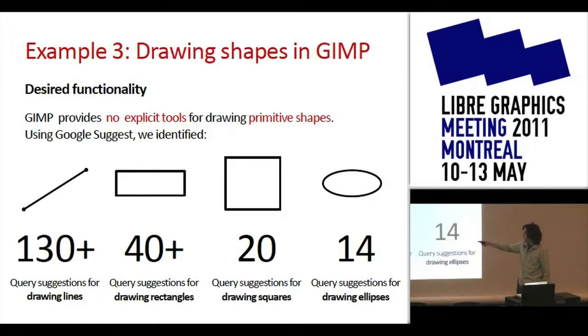We see about 130 different ways of asking how to draw various types of lines, in particular straight lines, 40 different suggestions for rectangles, 20 for squares, 14 for ellipses. So this data suggests that maybe a multi-step process is eluding some portion of the audience for the software, people who are actually using it day to day.